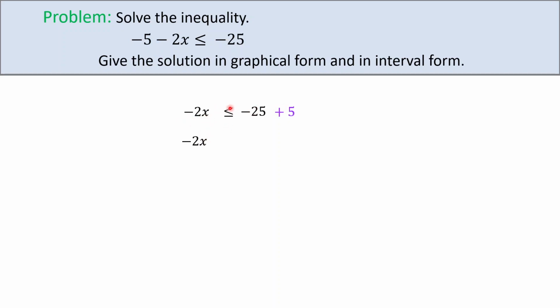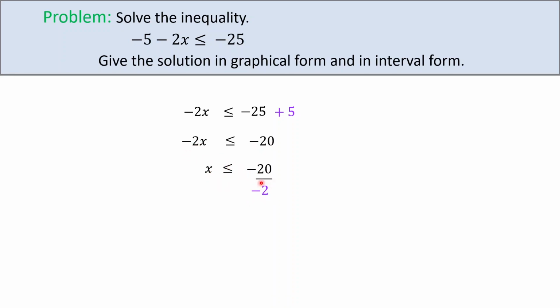Negative 2x less than or equal to negative 25 plus 5, which is negative 20. Now you need x, so you need to divide by negative 2 on both sides. So you get x less than or equal to negative 20 divided by negative 2.